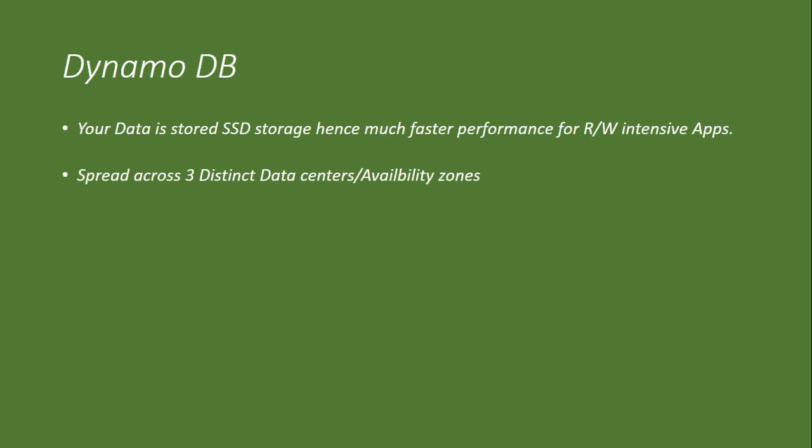And for disaster recovery purposes, your data is spread across 3 availability zones or distinct data centers. In case of a disaster, you will not be losing your data. So it's a highly available, fault tolerant database service.